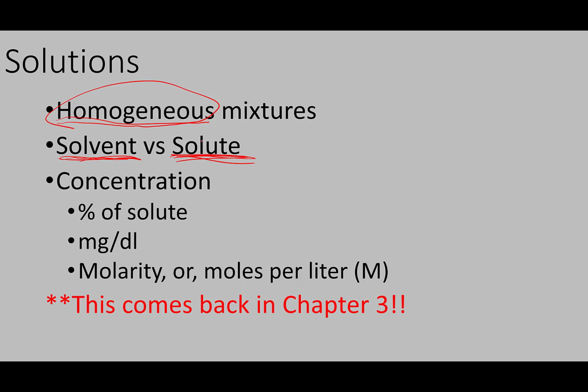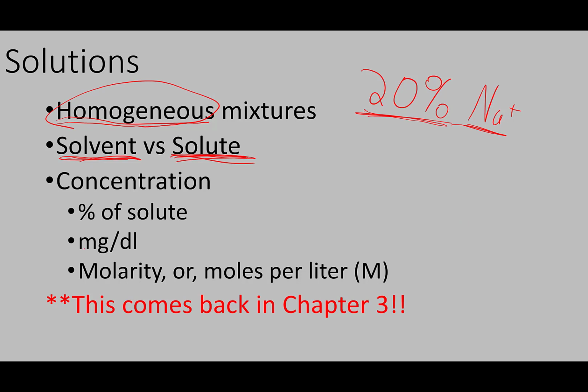We will say something like it is a 20% sodium solution. And what that tells us is if we have a beaker with sodium water in it, 20% of that is sodium, the other 80% is water.